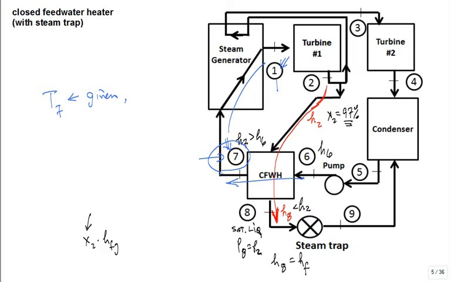So often T7 is given, and T7 is below the saturation temperature at the pressure of 7, significantly below it. But what T7 is close to is T8, the temperature that comes out.